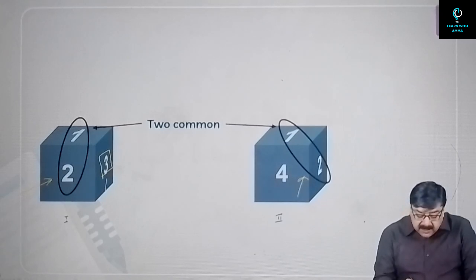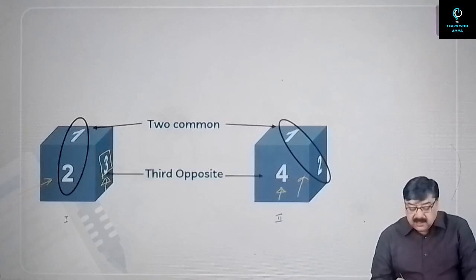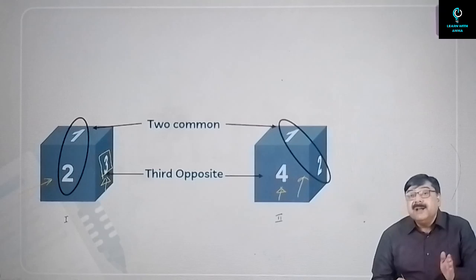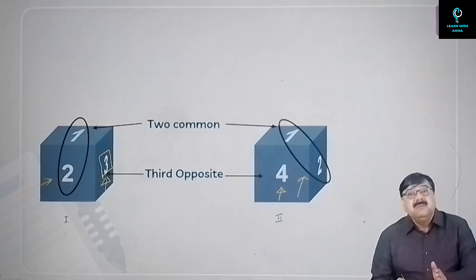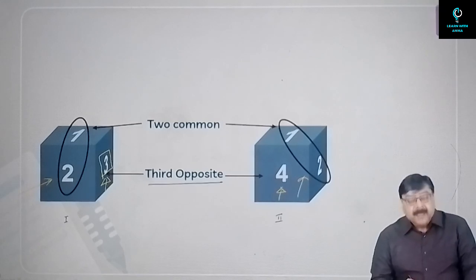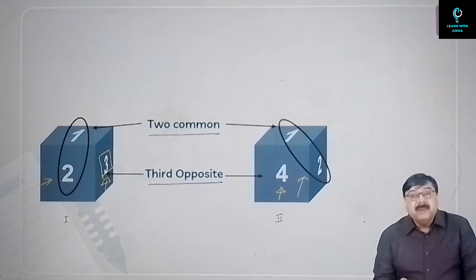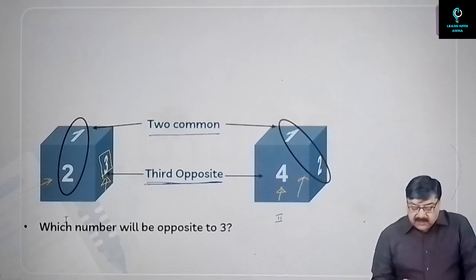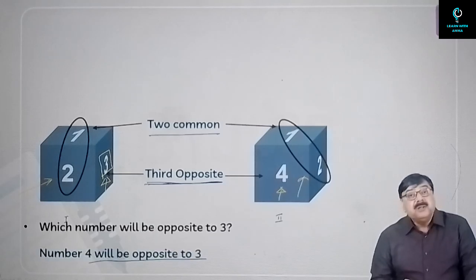Then the remaining number in this diagram is 3, the remaining number in this diagram is 4, and these third numbers or remaining numbers in these 2 diagrams will always be opposite to each other. So if 2 numbers are common or 2 characters are common, the third will always be opposite each other. So which number will be opposite to 3? Well, number 4 will be opposite to 3.